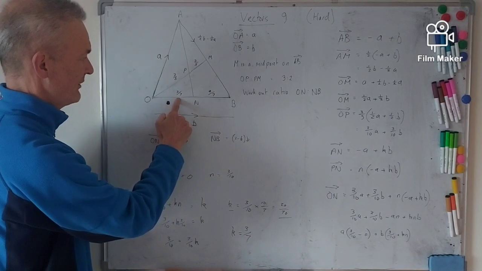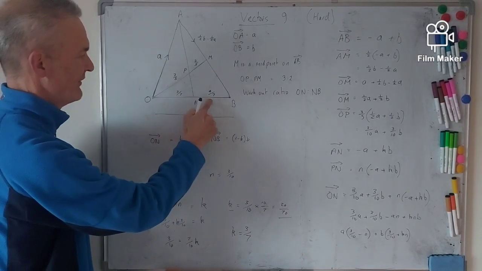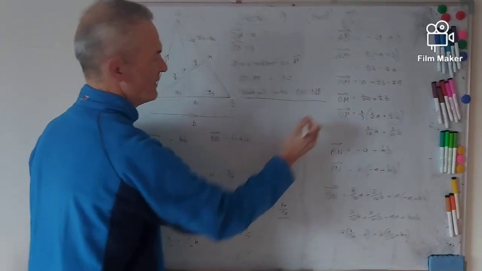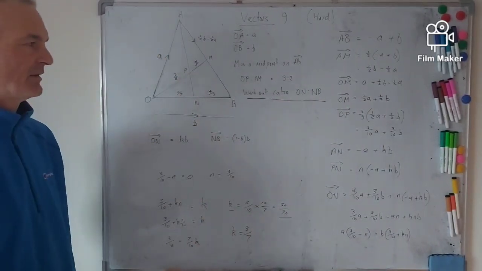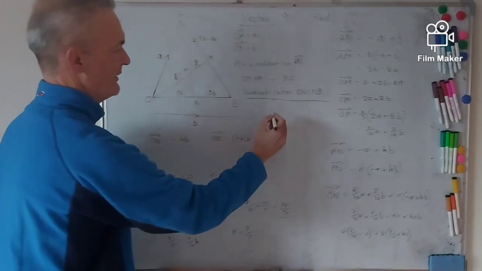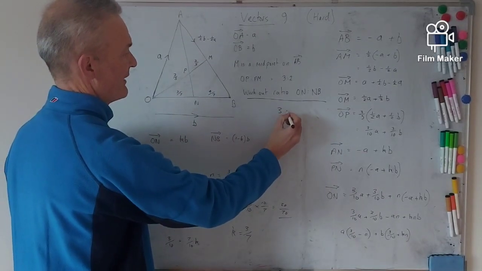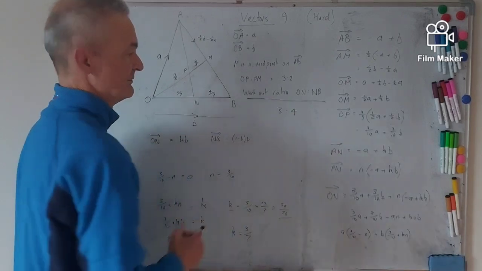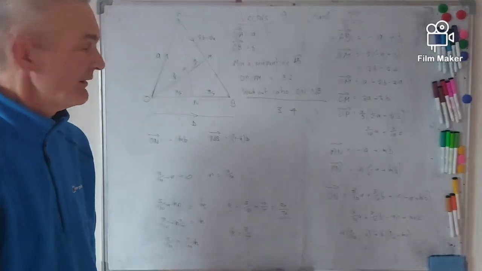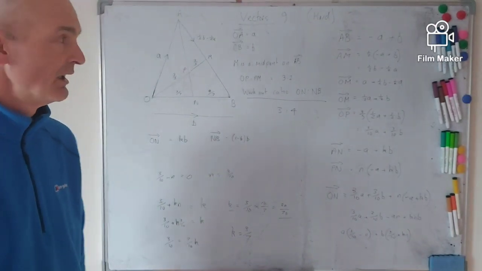So 3/7 is this bit, 4/7 is this bit. And our task was to work out the ratio ON to NB, so this to this. So hopefully you can see that the ratio there is just 3/4. And we've solved it.